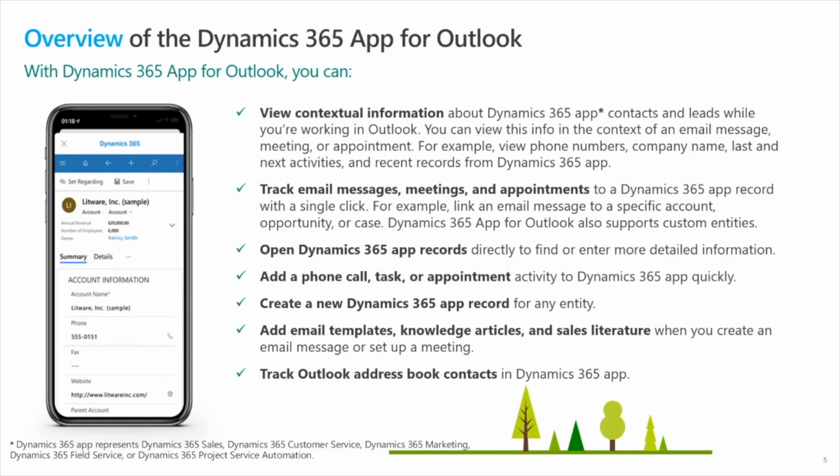And also you can use some of the productivity features that help users use email templates that you've configured in Dynamics 365, knowledge articles, or sales literature documents in your new emails that you send in Outlook, right from Outlook, by using all of the templates and documents or KB articles that have been configured in Dynamics 365. And last, on the Outlook desktop, you can also track your address book contacts so that your contacts are also reflected from Outlook to Dynamics 365 and have a synchronization in place between the records.